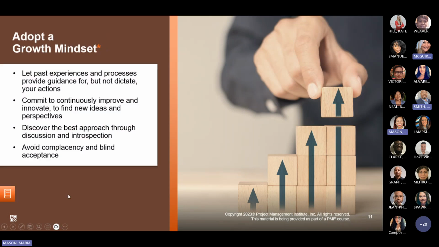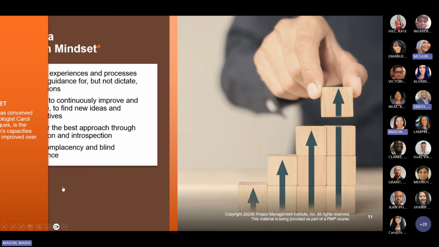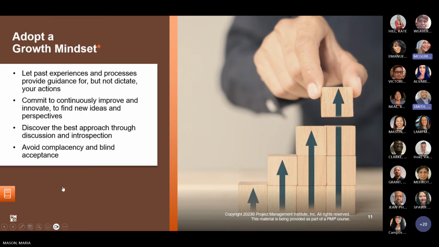Adopting a growth mindset. Here's a definition. A growth mindset, as conceived by Stanford psychologist Carol Dweck and colleagues, is the belief that a person's capabilities and talents can be improved over time. So if you challenge the status quo, you can open up new ideas and new perspectives.